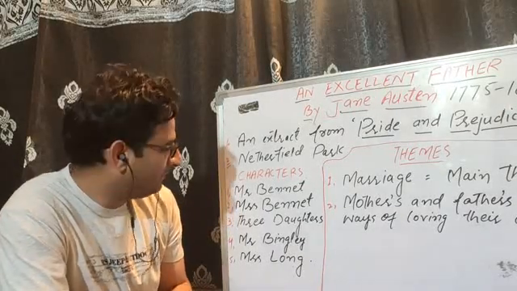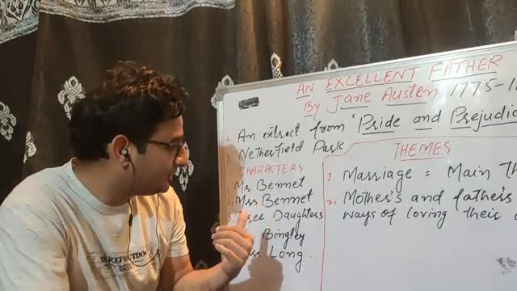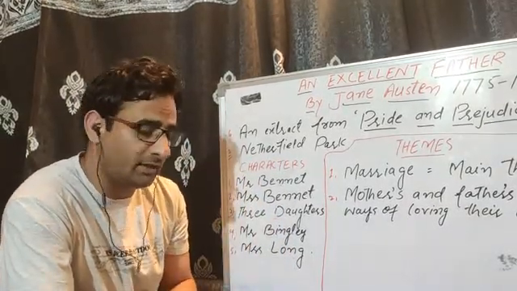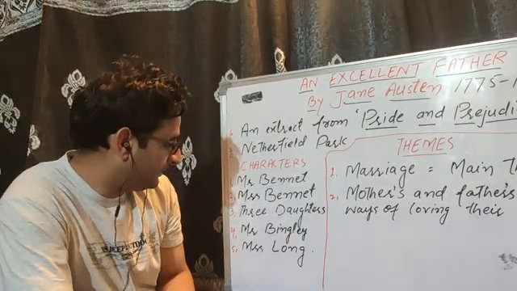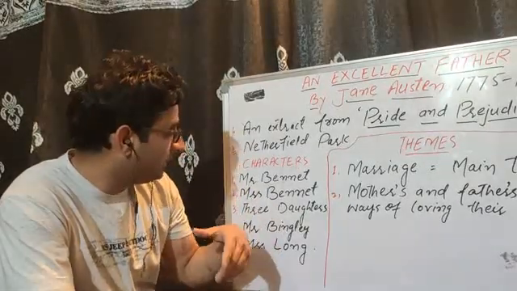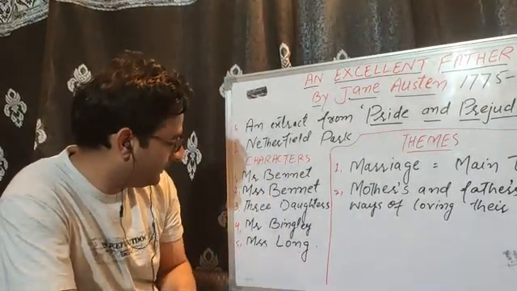Mr. Bennet tells Mrs. Bennet that she should go to visit him with her daughters, but Mrs. Bennet wanted, in return, Mr. Bennet to go there and develop certain familiarity with him.